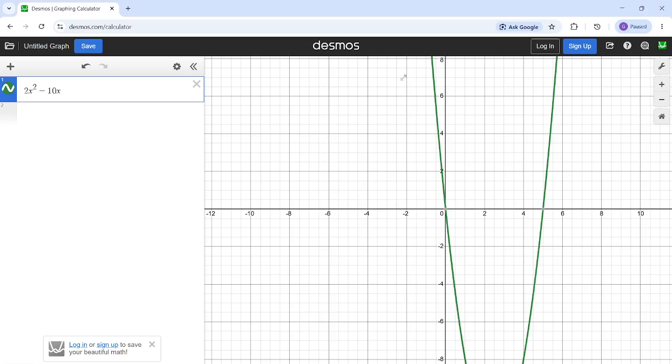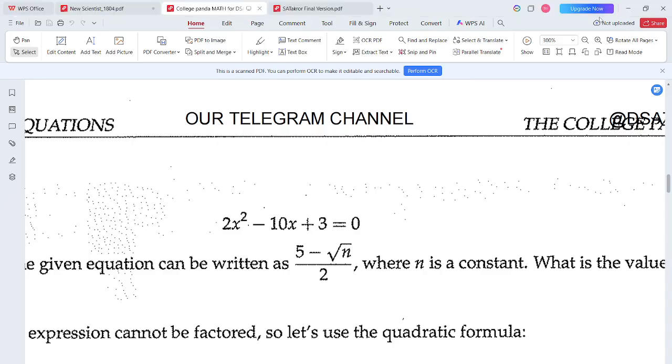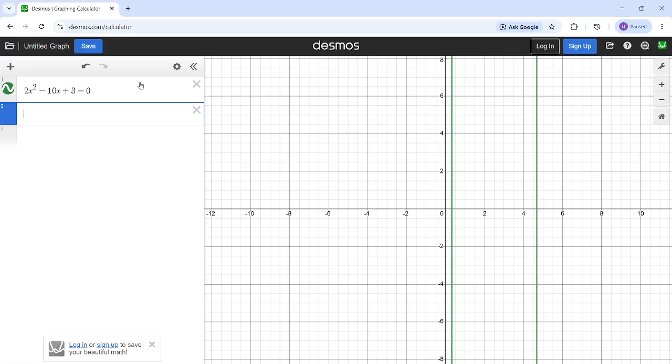We're gonna use the quadratic formula, which is 10 minus the square root of b squared, so 10 squared, minus 4 multiplied by 2 multiplied by 3, divided by 2 multiplied by 2, which is gonna give us this answer.